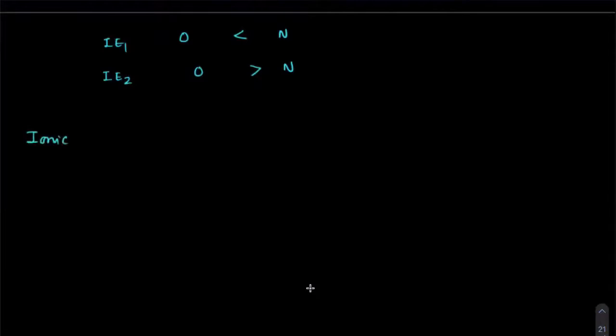Next, ionic radii. When it comes to ionic radii, there are a few terms you need to check. If the positive charge keeps increasing, the size will keep decreasing. But if the negative charge keeps increasing, the size will keep increasing.